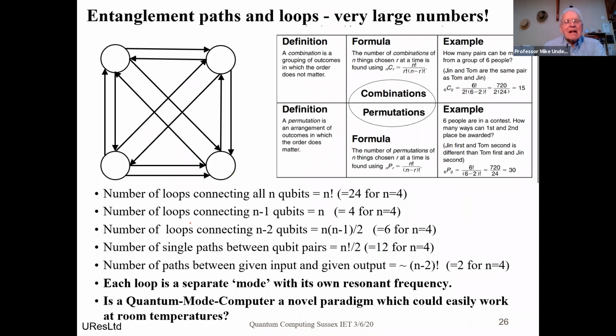Anyway, if we take just 4 qubits, which we see here, 1, 2, 3, 4, and look at all the possible entanglement paths, in terms of both paths and loops, the important point is that we get very large numbers.